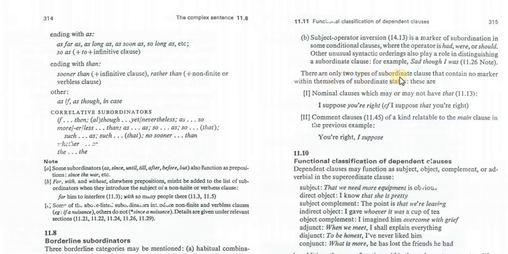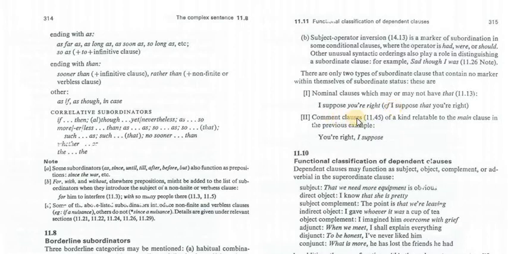There are only two types of subordinate clauses that contain no marker of subordination in themselves. There may be a subordination relationship between two clauses, but there is no indicator. These two types are the nominal clause, which may or may not have that. I suppose you're right; the original sentence is I suppose that you're right. I can delete that and say I suppose you're right, and it is understood as I suppose that you're right.